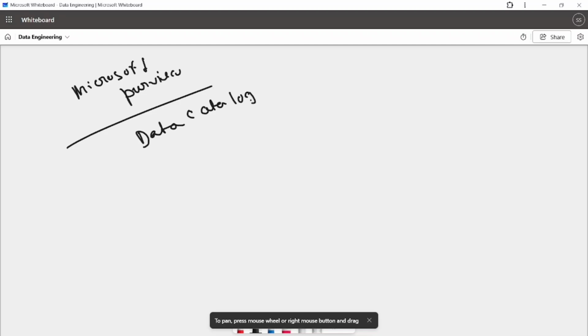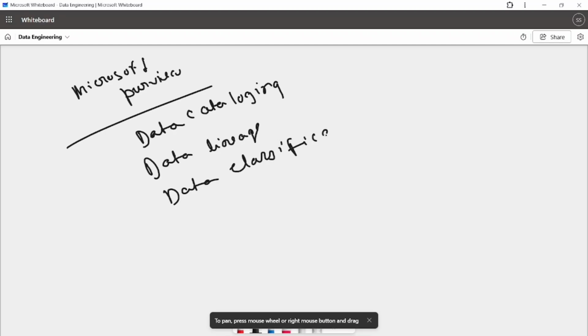Next is Microsoft Purview. Microsoft Purview provides data governance capabilities such as data cataloging, data lineage, data classification, and compliance management.